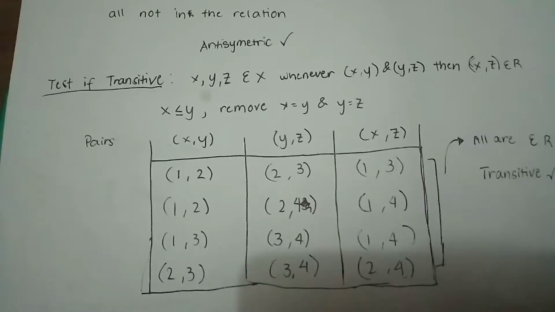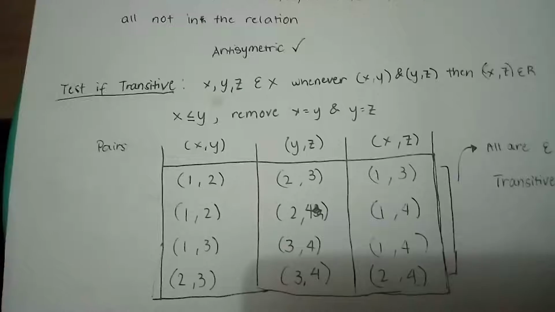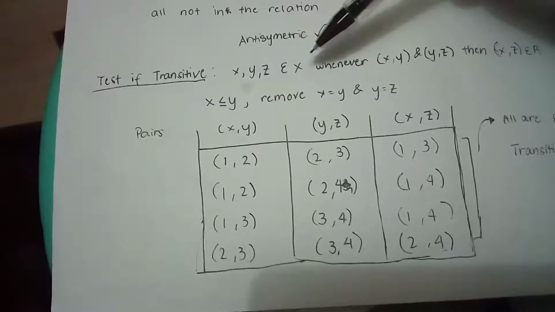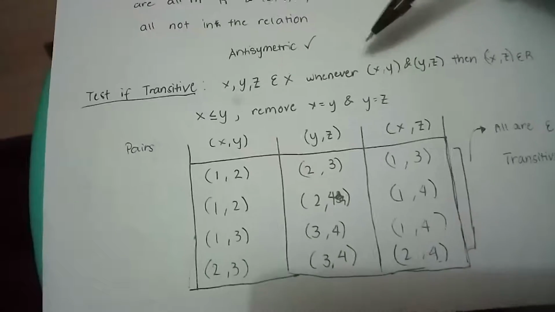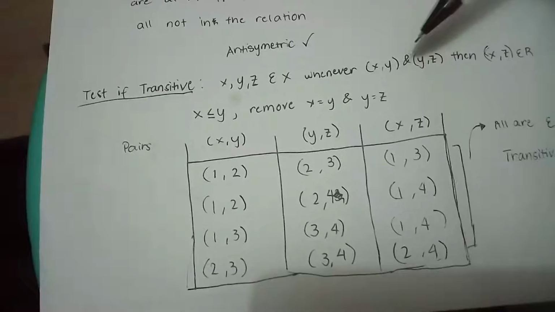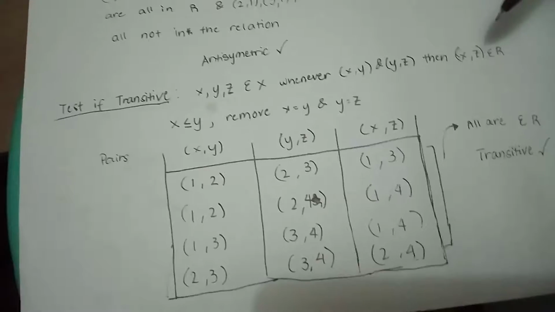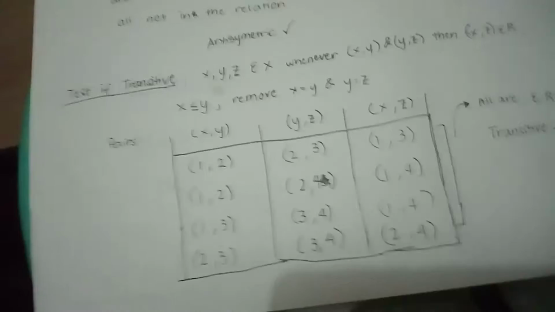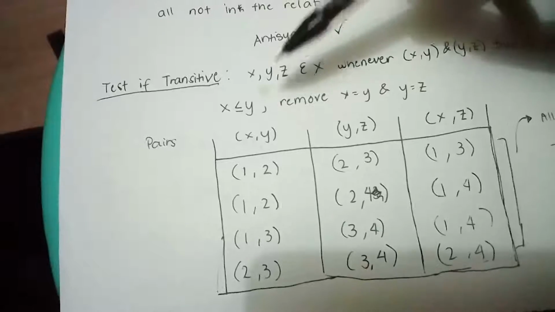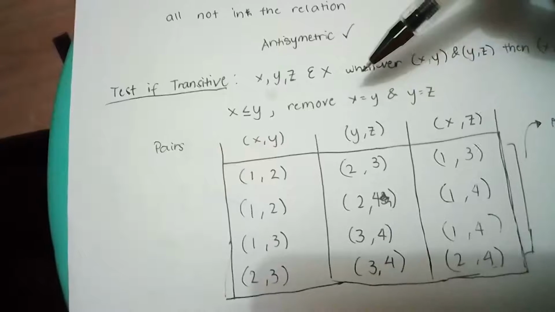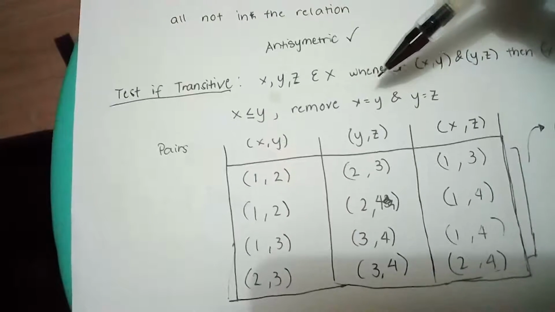So, next na ating iti-test is kung transitive ba yung ating set or yung ating relation. So, i-recall natin, ang gagamitin natin is yung x, y, z is an element of set X, whenever (x, y) and (y, z) are in R, then (x, z) is an element of R. So take note lang natin na dapat x is less than or equal to y, then bawal or i-remove natin yung x is equal to y, and yung y is equal to z.